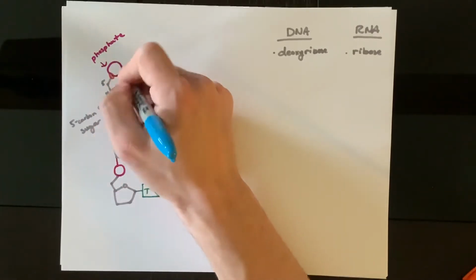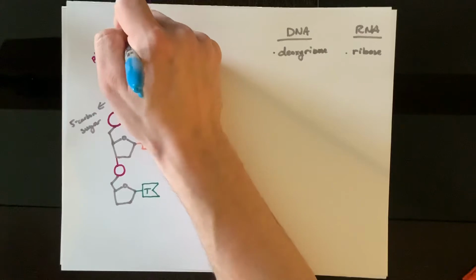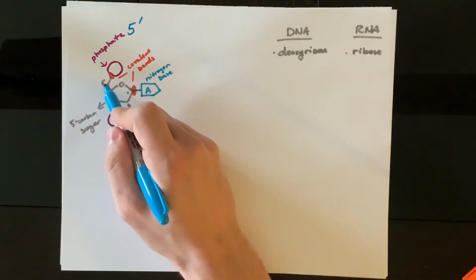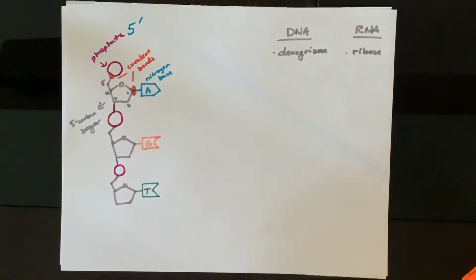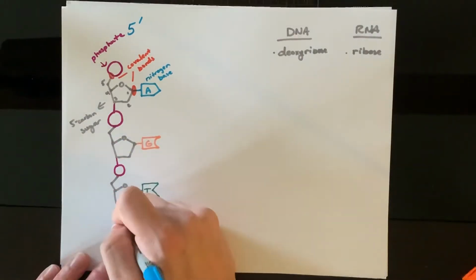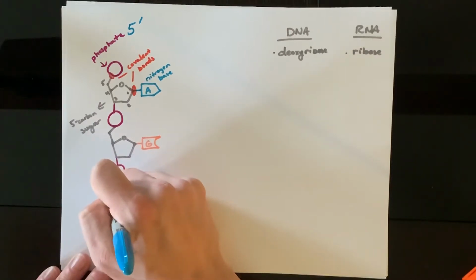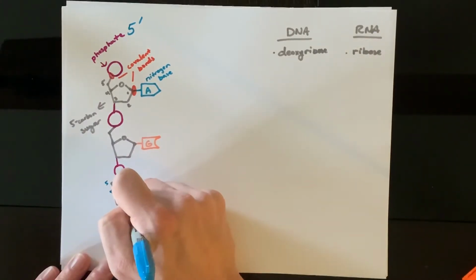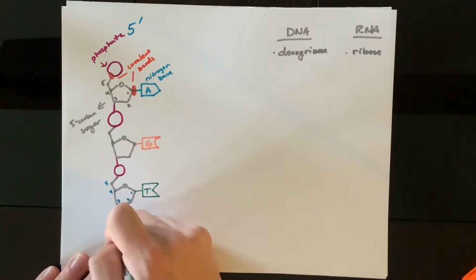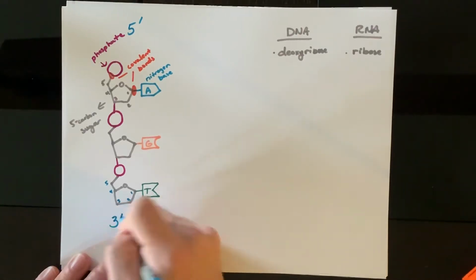So the side with the phosphates pointing upward, we call this side 5', because the 5th carbon is pointing toward that side. And the other side, if I label these carbons again, this would be 5, 4, 3, 2, and 1. This side here, we call 3'.